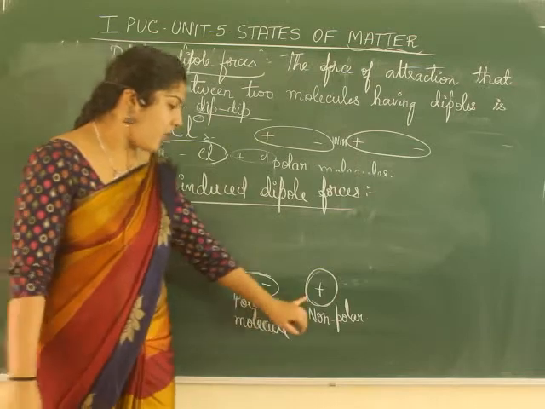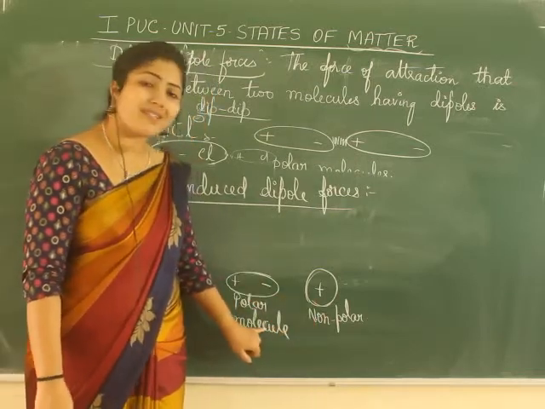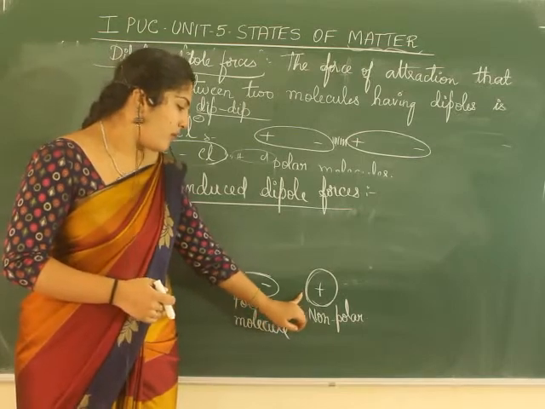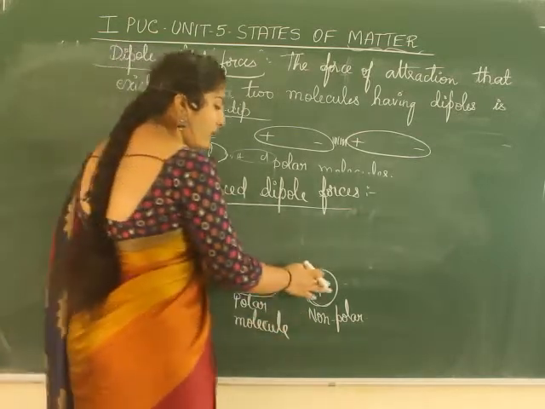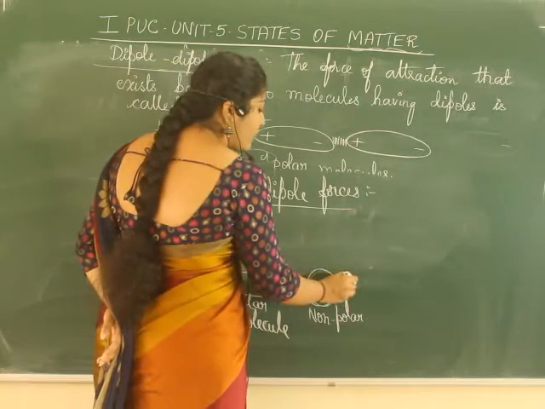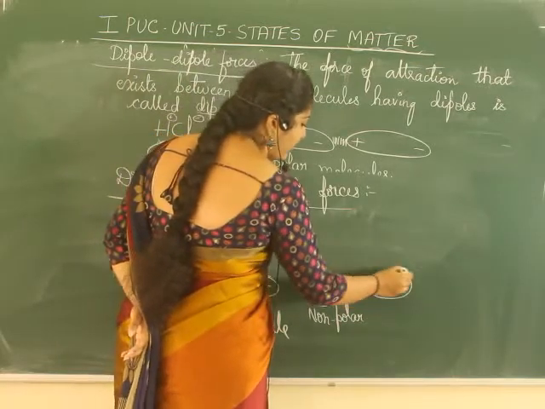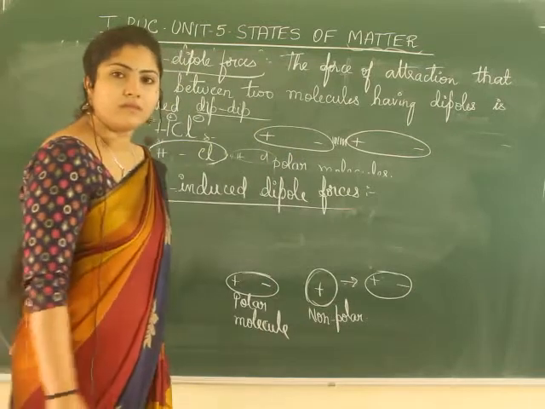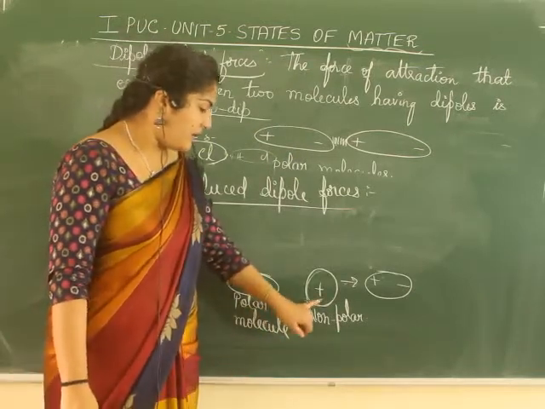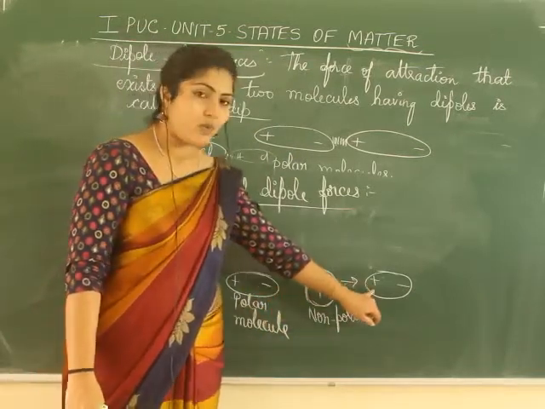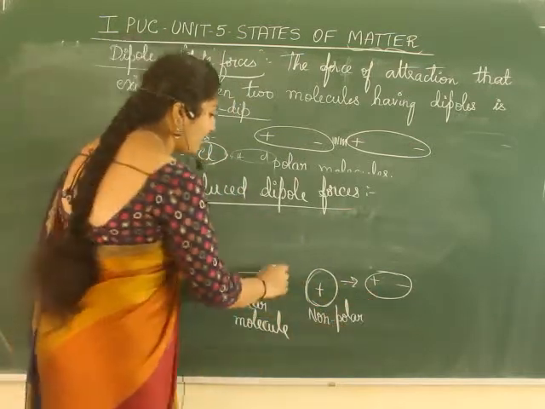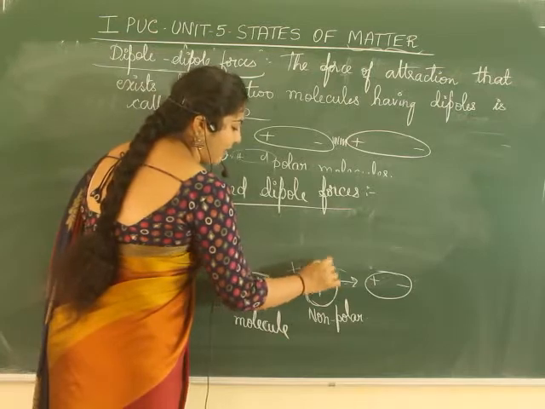So when a non-polar molecule approaches a polar molecule, gradually this non-polar molecule will become polar like this. Earlier it was a non-polar molecule, now it has become a dipole molecule. So these both will have a force of attraction.